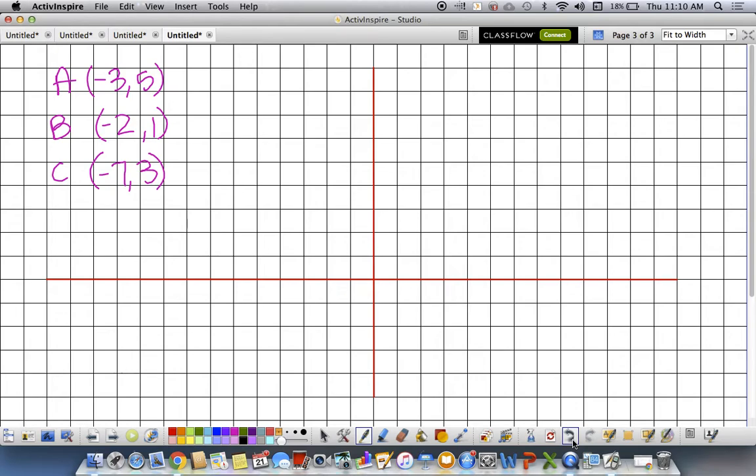Graph this triangle. So negative 3, 5: 1, 2, 3, 4, 5. There is A. B is negative 2, 1. C is negative 7, 3.